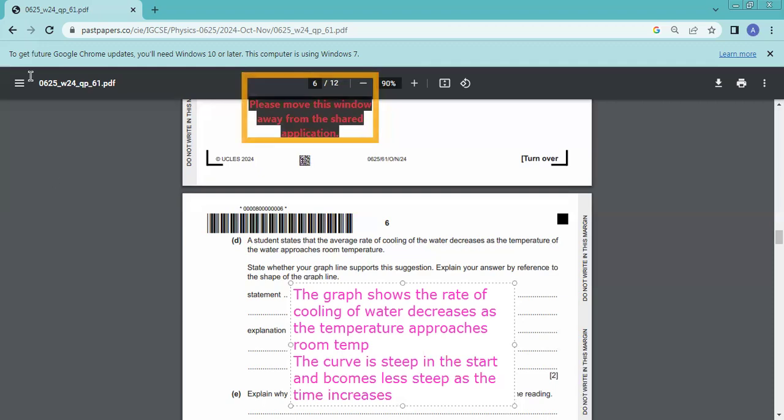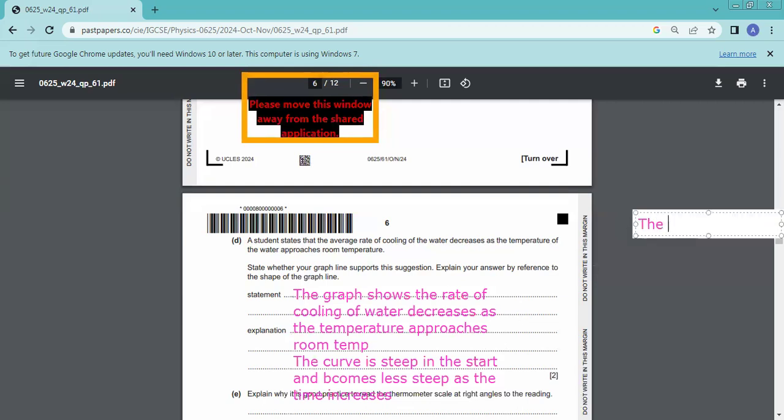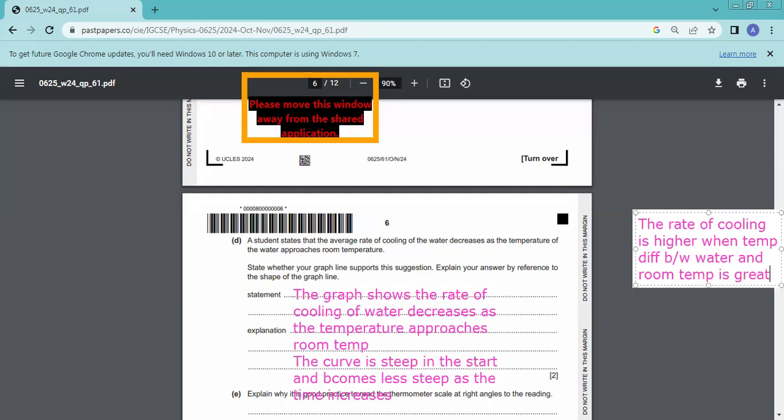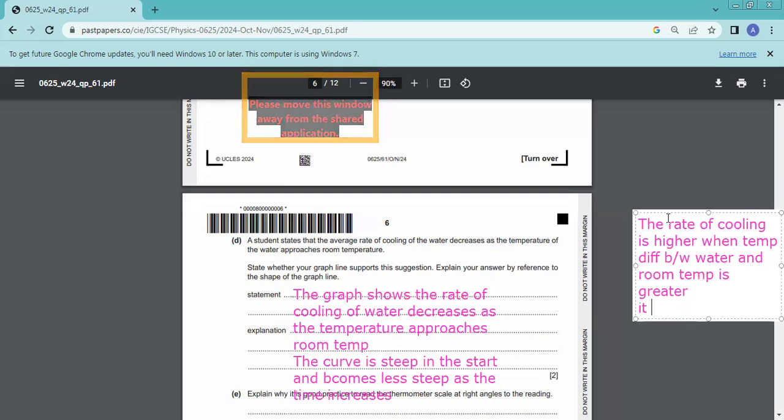We can write one thing here: the rate of cooling is higher when the temperature difference between water and room temperature is greater, and it reduces as the water cools down. So this is the explanation of this part.